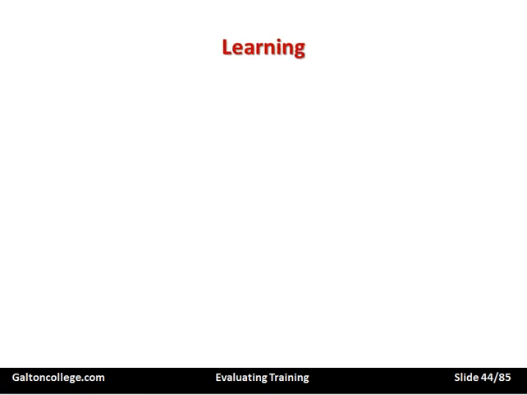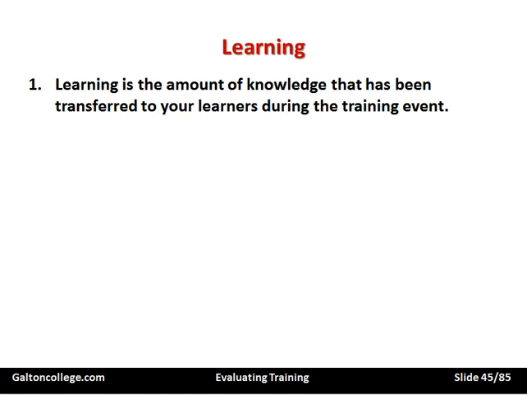Now another phase was learning. Learning is the amount of knowledge that's been transferred to the learners during the training event. It's the amount of knowledge. That's what the training event was attempting to do.